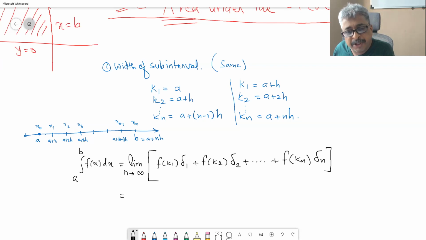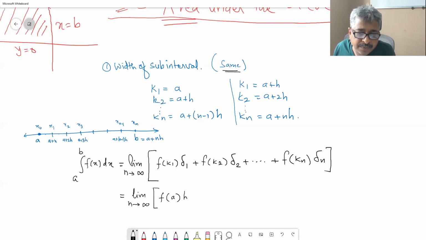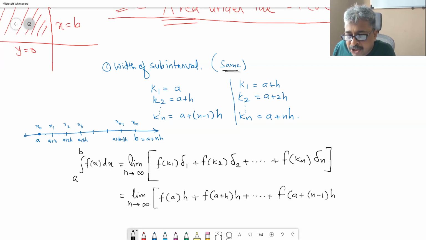As n tends to infinity, let me write down limit n tends to infinity f of k1. So let us take maybe this case, f of a. What is delta 1? Now, because the width is the same, every time it is going to be h, plus f of a plus h times h, plus f of a plus n minus 1 times h into h, correct?